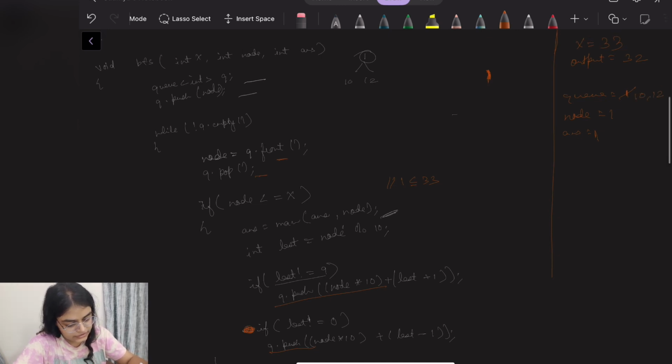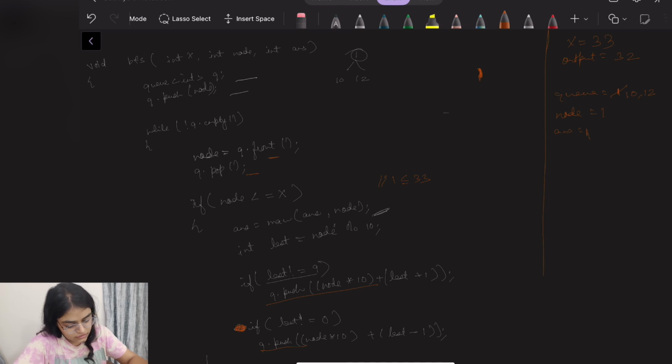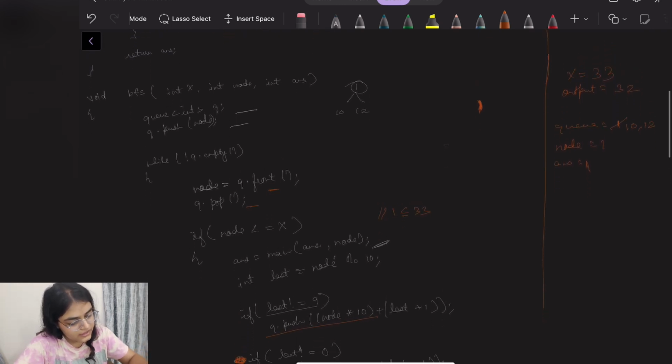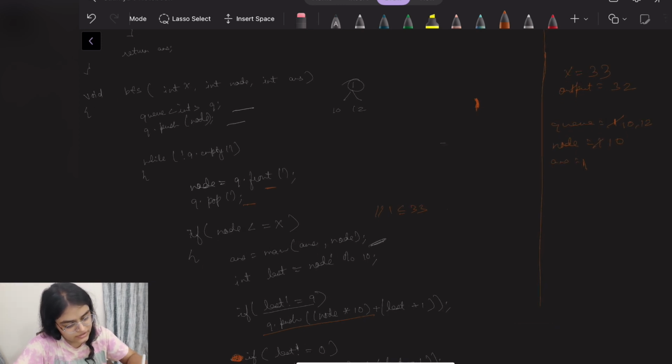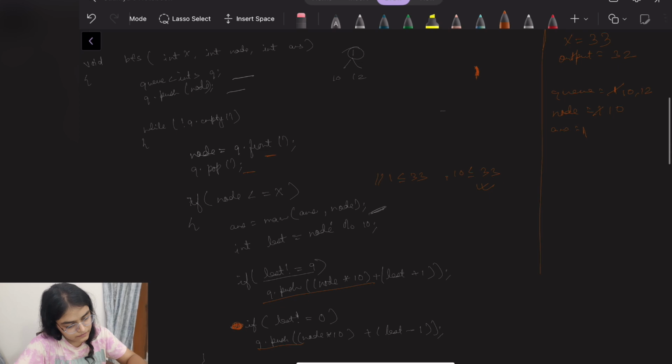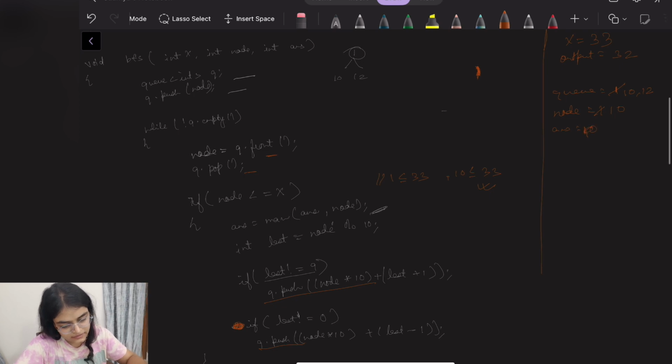We calculated it earlier. So 10 and 12. Right. Now we'll go again into the node. So node will now be 10. 10 is less than equal to 33. Yes. So again it will go inside. Answer will be updated to 10.